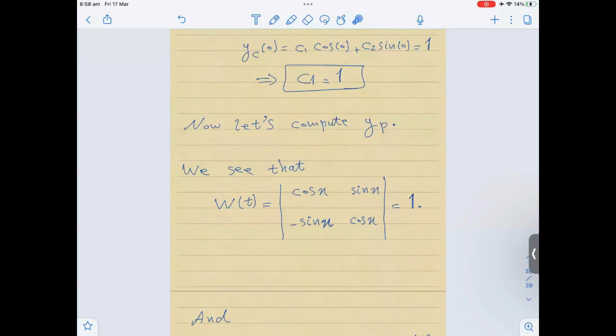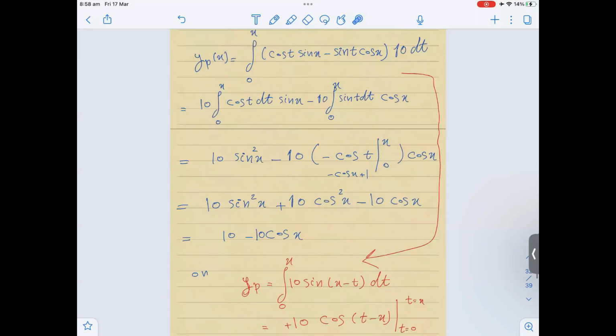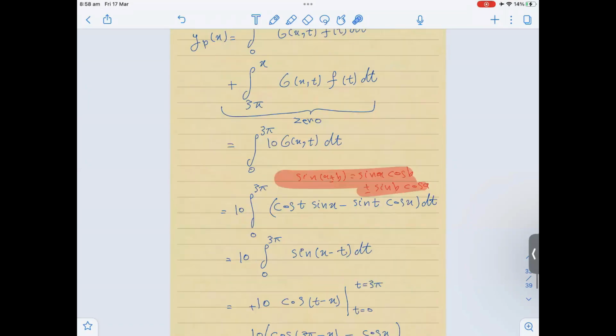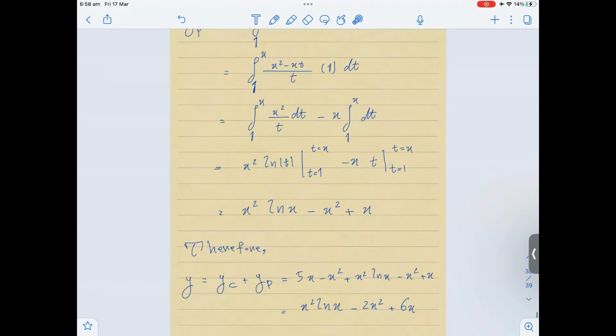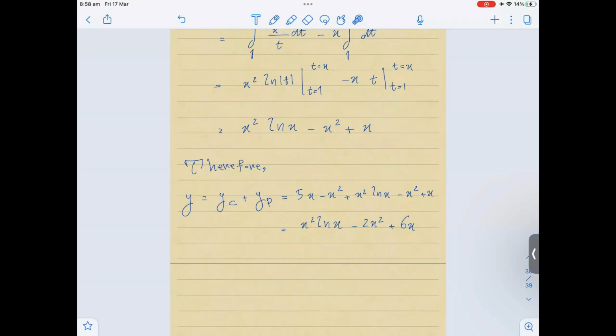They should be the same. So for the last one, yp at 1, again it's a technique of integration. It's nothing special here. So I obtain yp and I will put it here. This was the last one.